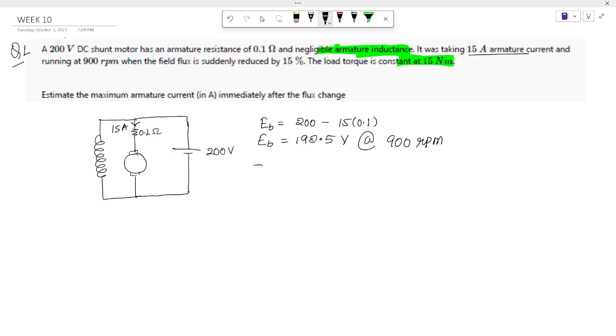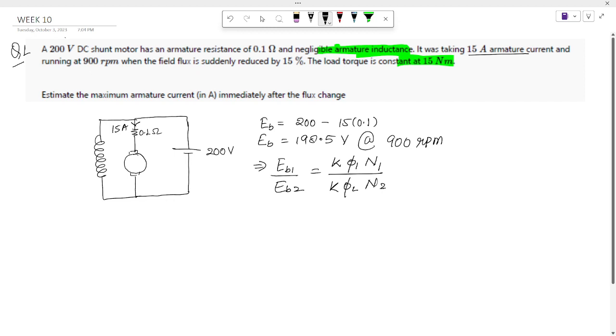So, can we write EB1 is K phi 1 N1. Then I can turn it into proportionality by writing EB1 by EB2 equals K phi 1 N1 by K phi 2 N2. Since immediately when we change the flux, speed won't change, it is N1 only.